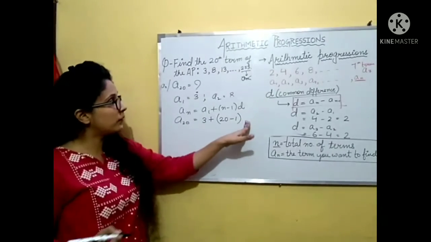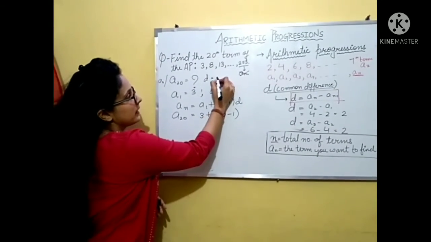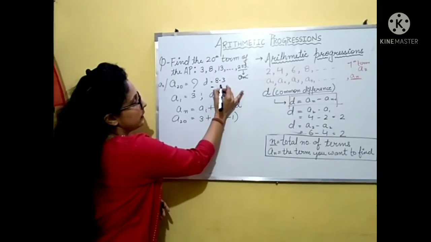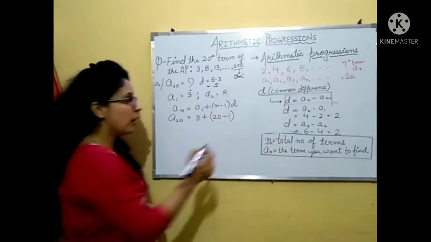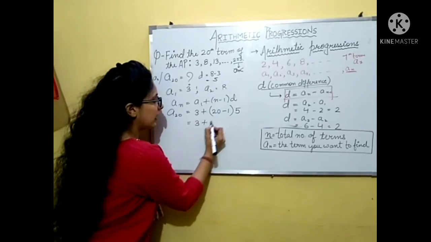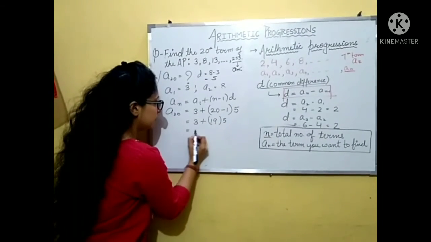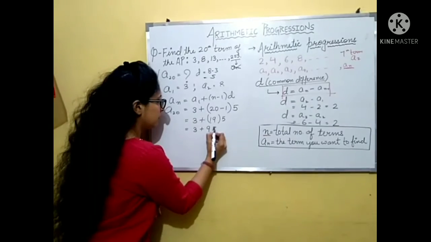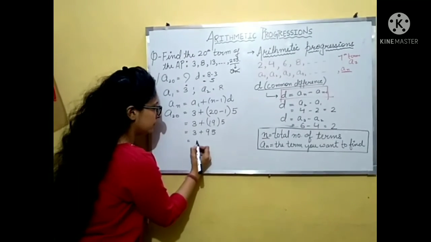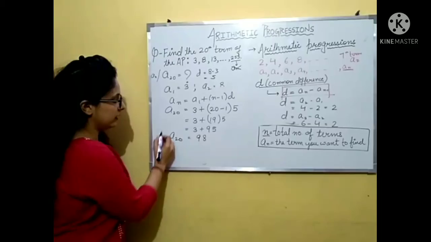And what is the common difference here? You can see that the common difference is 8 minus 3, which means 5 here. Common difference is 5. Now you just calculate it. So your 20th term is 98.